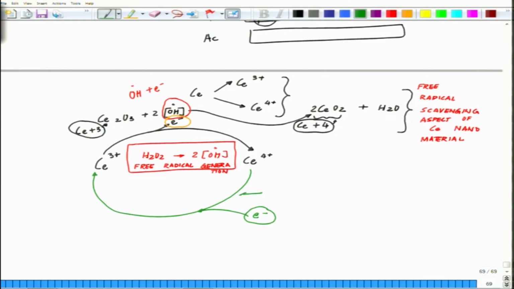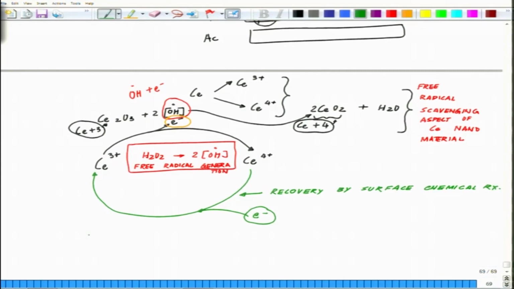This kind of recovery is called the recovery by surface chemical reaction, RX stands for the reaction.